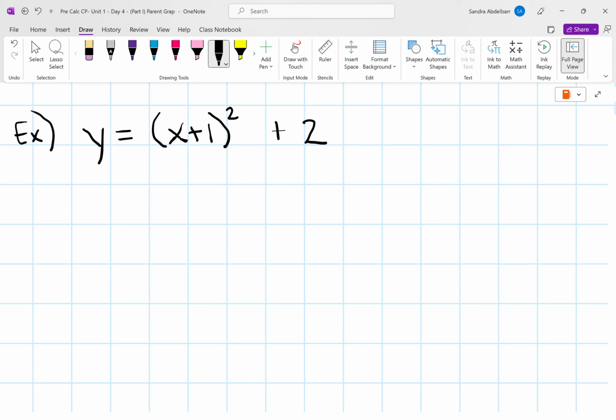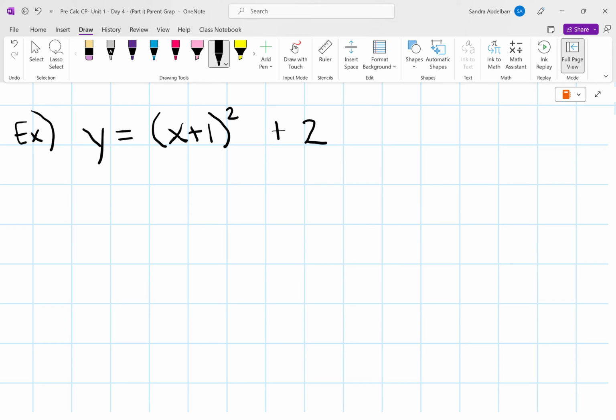So the first task you have to give yourself when I'm asking you to create your own sketch is you're going to look at this and relate it to one of the parent functions, one of the parent graphs. Right now I'm relating this to the parabola because it's an exponent of 2. If it were an exponent of 3, it would be the disco dancer.